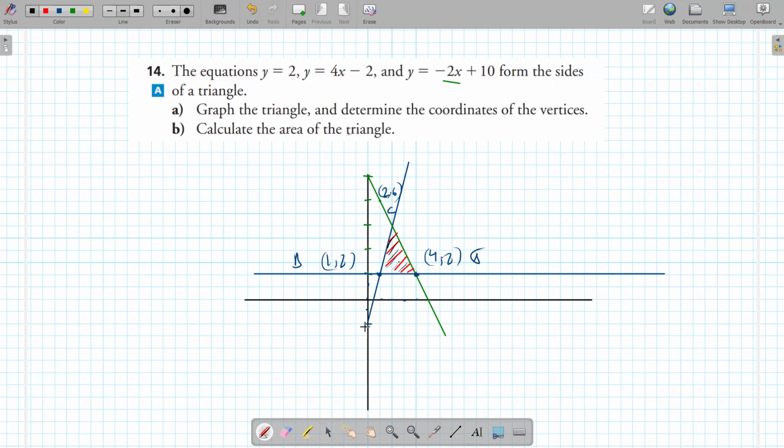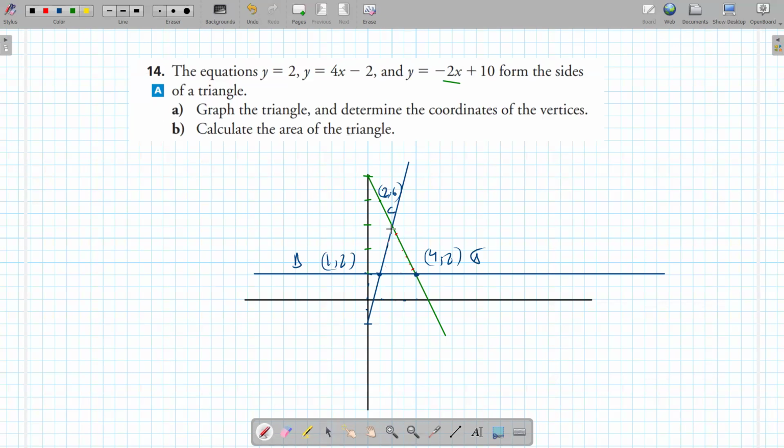The area of a triangle is base times height divided by 2. Do we know the height and the base of this triangle? What do you think? And the answer is yes, we do.